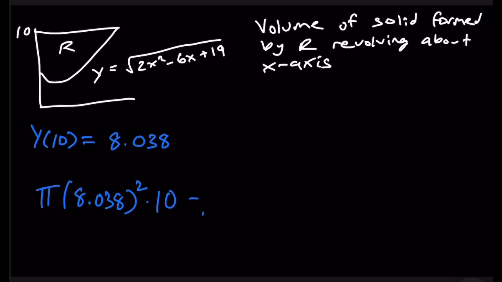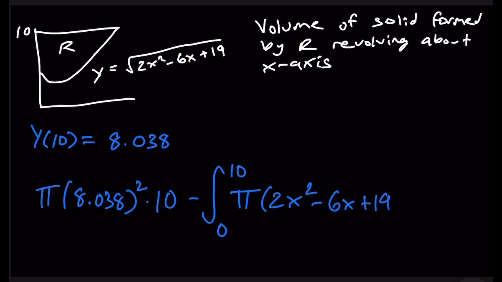And that is going to be the integral from 0 to 10 of pi r squared, so 2x squared minus 6x plus 19 is going to be r squared, dx as usual, and this will compute out to about 1705.1, and that will be the answer to that problem.